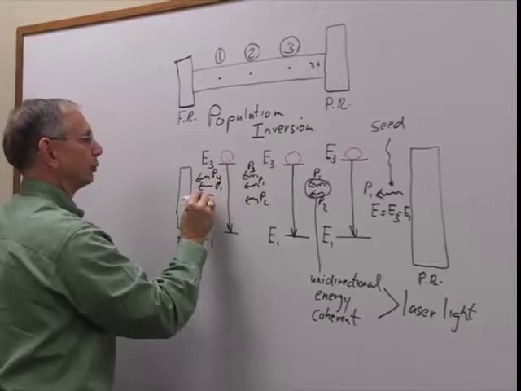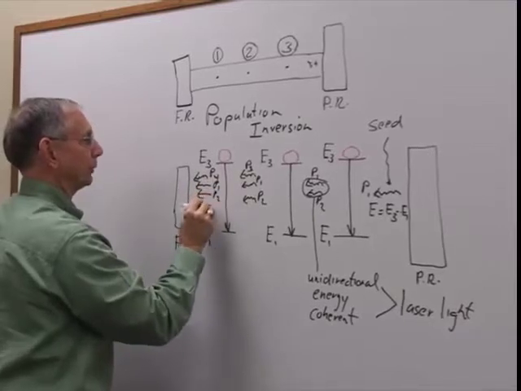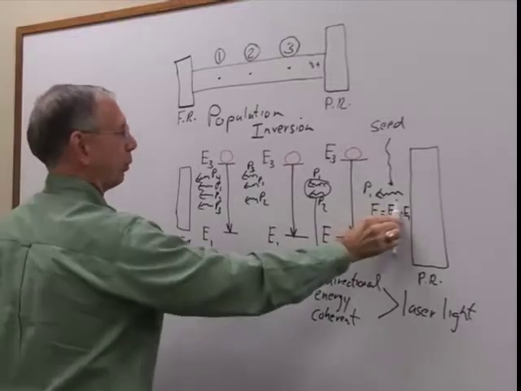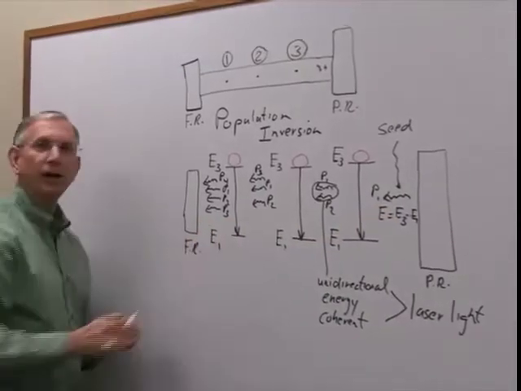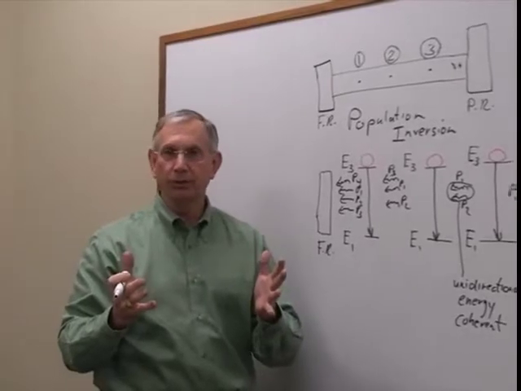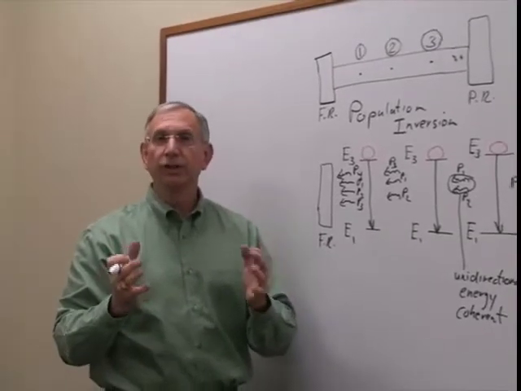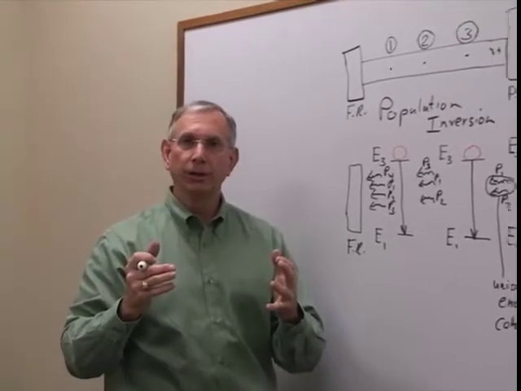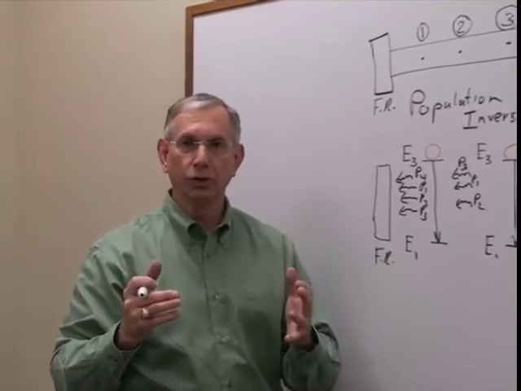That goes with the first one, the second one, and the third one that were produced. So we start with 1, we end up with 4, and you start to see this amplification effect that takes place inside a laser. This is one of the key aspects of what stimulated emission allows you to do.